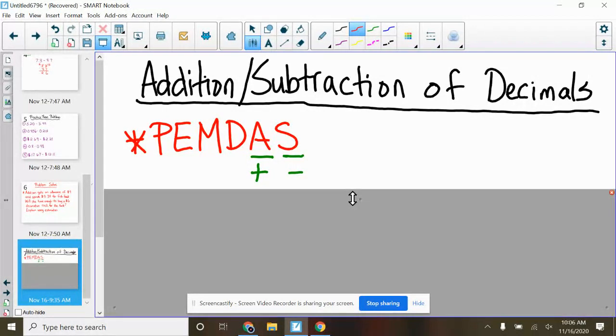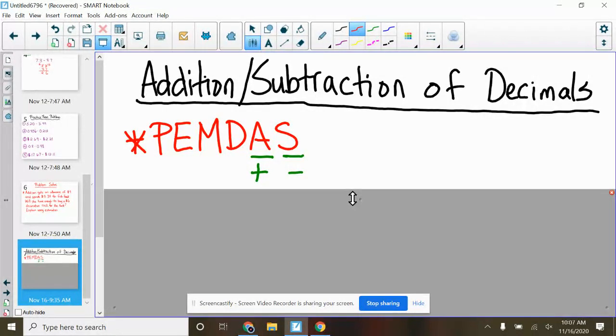The only part of PEMDAS that we're going to play with right now, though, is the A and the S. Because what does A stand for with math, Carson? Addition. And what about the S, Carson? Subtraction. So since these are addition and subtraction problems, for right now, we're only going to play with the addition and the subtraction stuff. So that's why I kind of took the word PEMDAS and I underlined the A and the S and I drew the little signs underneath to remind you this is the stuff we're going to pay attention to first.